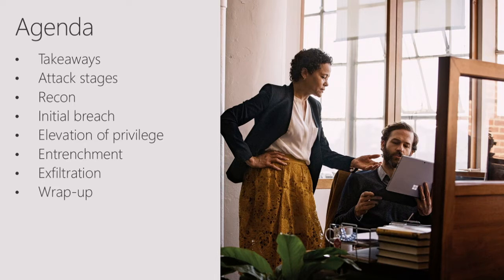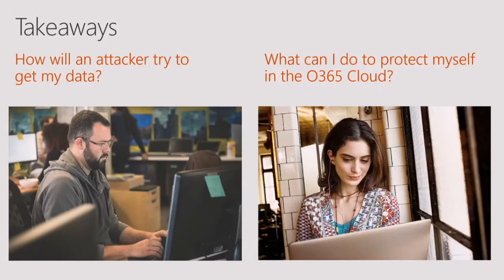There's a lot in common with on-prem assets as well. For each of those attack stages, I'm going to talk about what an attacker is going to do and demo it, and then talk about what a defender should do and demo it. So you get the red team, blue team feel about all this stuff. And then a very brief wrap-up to reinforce the takeaways.